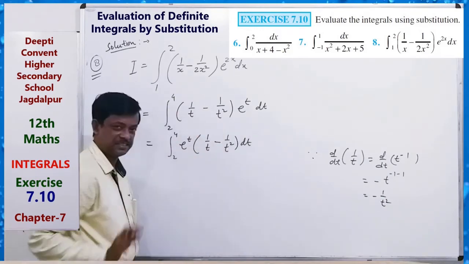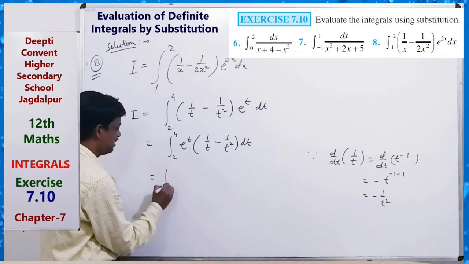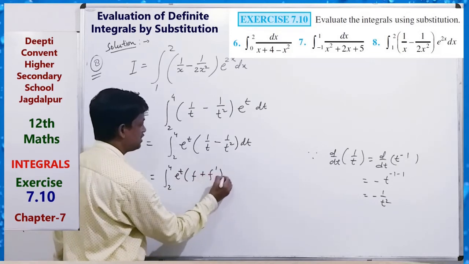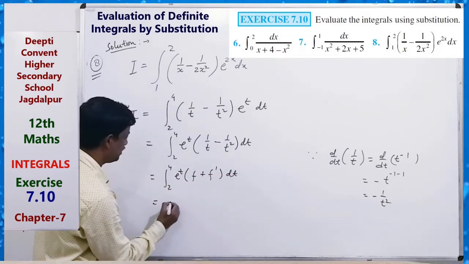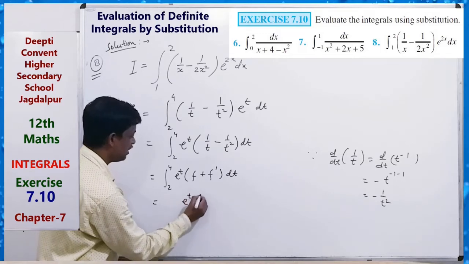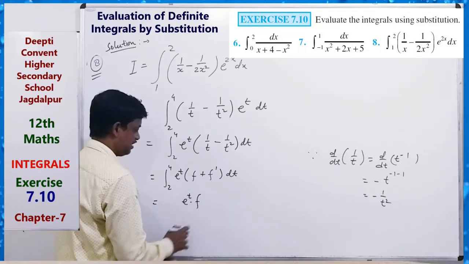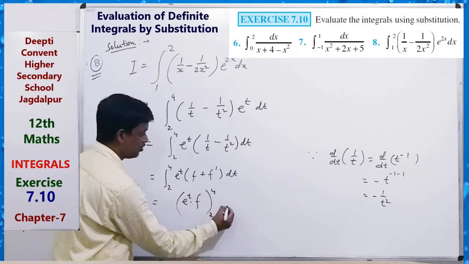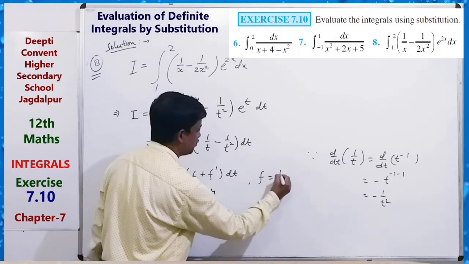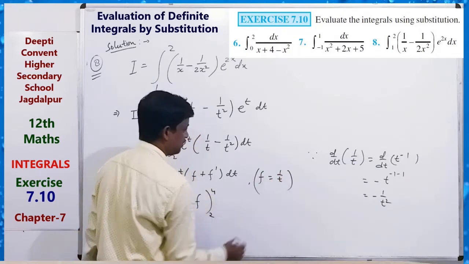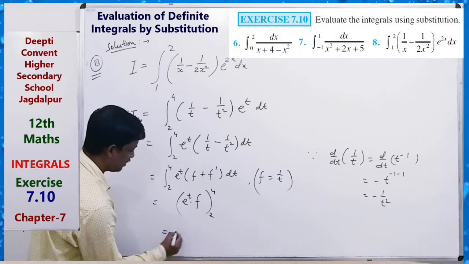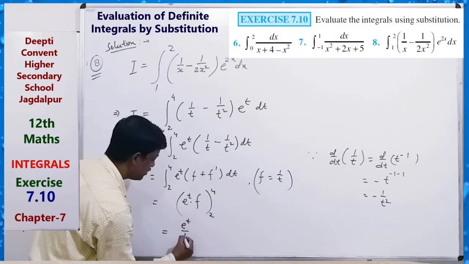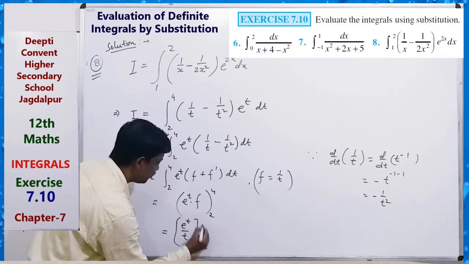That is 2 to 4 e to the power t, f plus f dash dt. That means e to the power t f, where f equals 1 by t, limit 2 to 4. So f means e to the power t by t with limit 2 to 4.